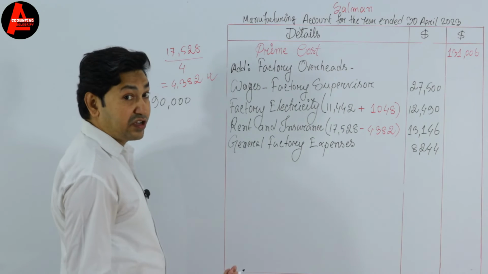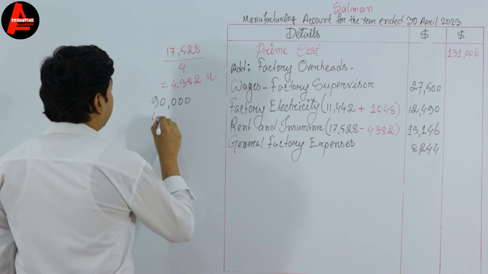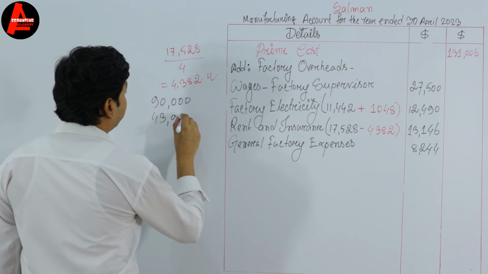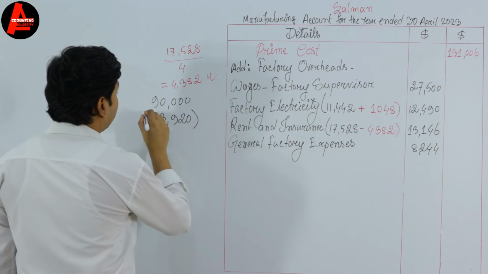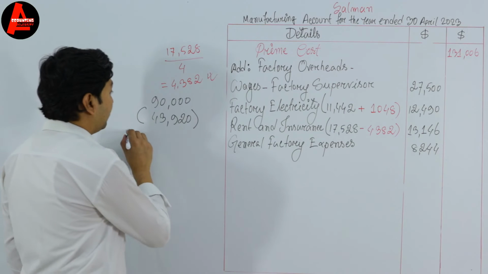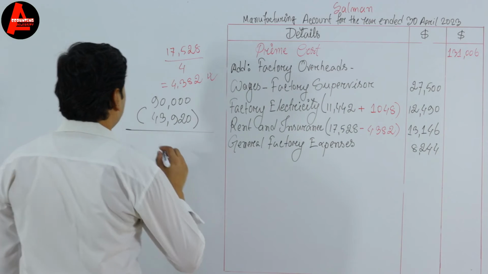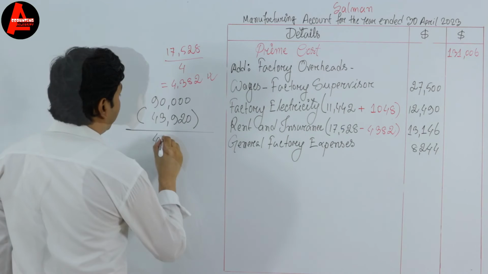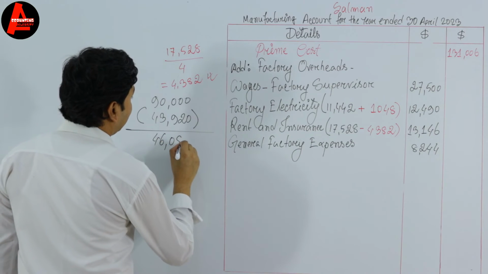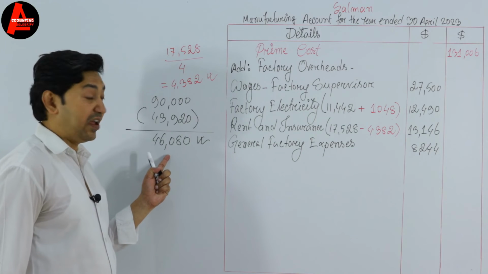So here on the question we have provision for depreciation, it is $43,920. Now if we subtract this amount from the cost, we will get our net book value. So what you get here, $46,080. Okay, the net book value.